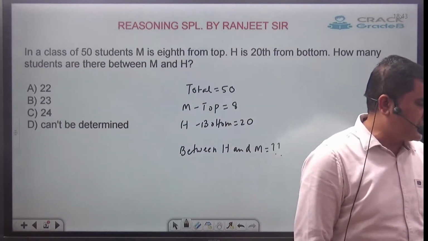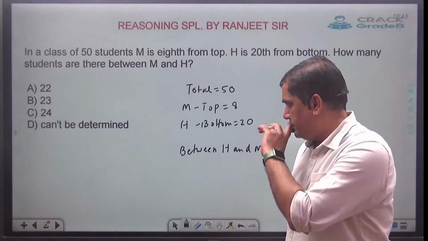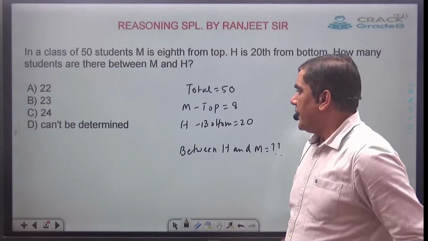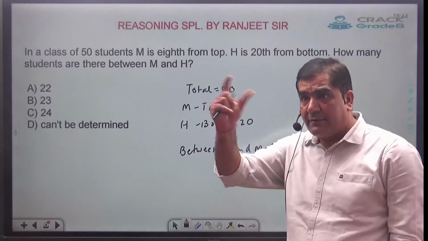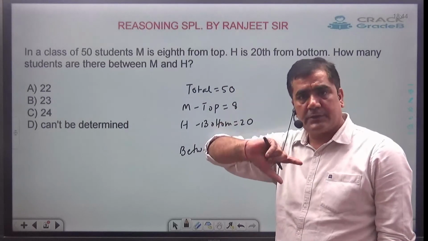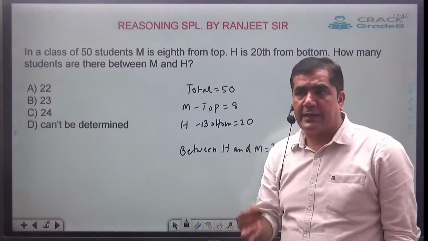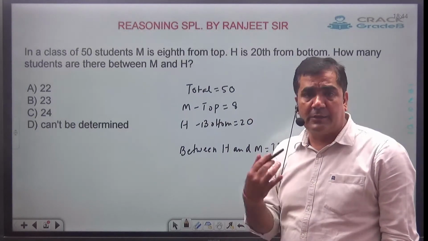Now, how to get the answer for this one? See, here M's position is given from the top and H's position is given from the bottom, which means they have given it from the opposite sides. Clear? So if the positions are given from opposite sides, then my job is to find out whether case 1 is possible or case 2 is possible.